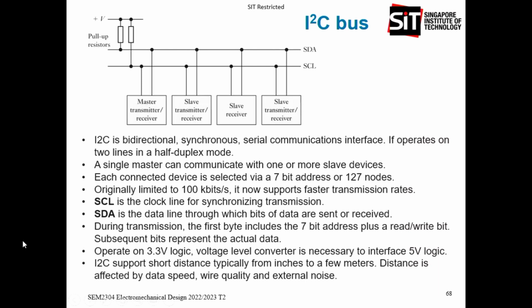The master is the one that provides the clock signal, but any one of them, if they want to talk, just needs to pull this SDA, the data line, low. Once you pull it low, all these other devices will detect that this line is low, and all of them will start to listen.